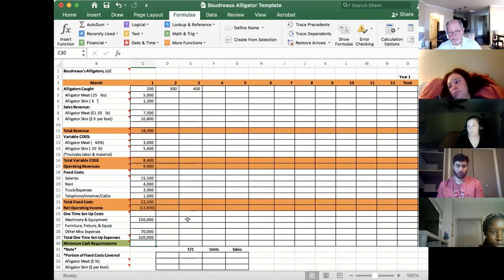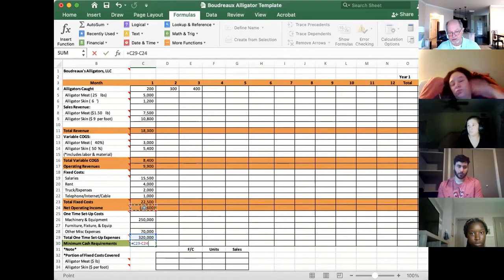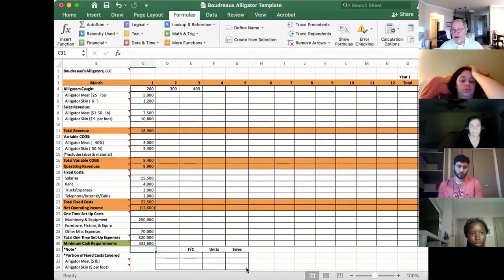So at this point, his setup costs were $320,000. His minimum cash requirements would be the $320,000. We would have to use a minus to make 12,000 positive. But after the first month, he needs $332,600.